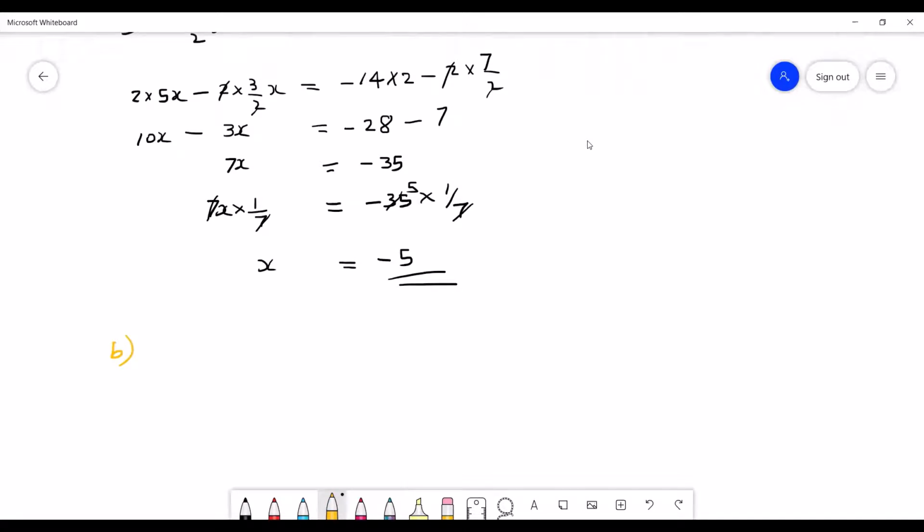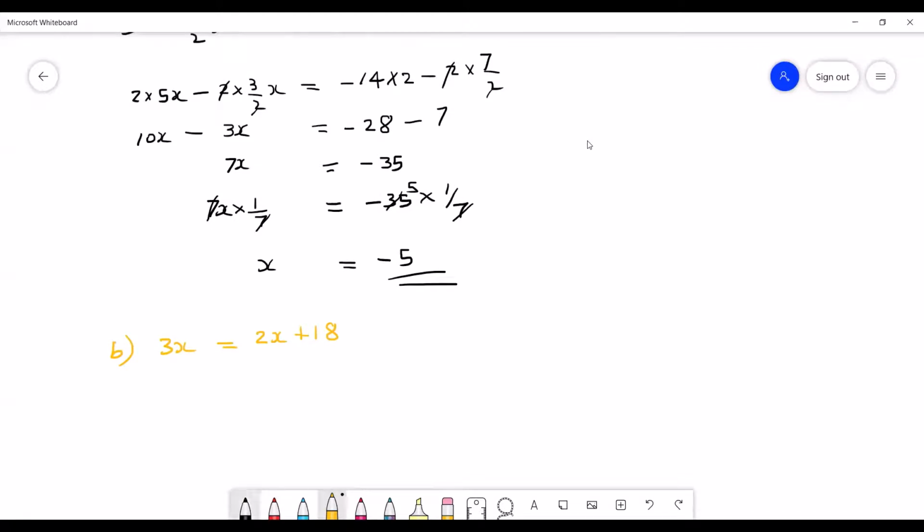Next question is 3x is equal to 2x plus 18. Now here in the left hand side we are having the variable 3x, and in the right hand side we are having the variable 2x. So let us bring this 2x to the left hand side.